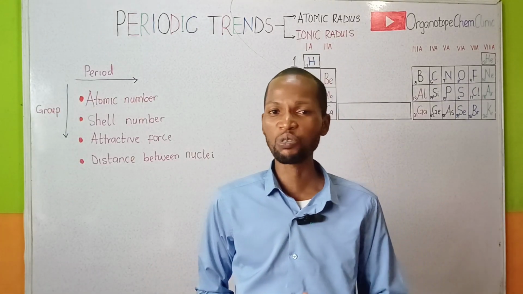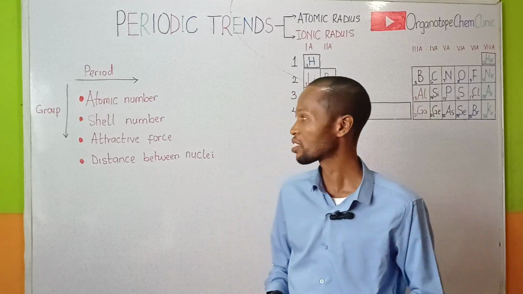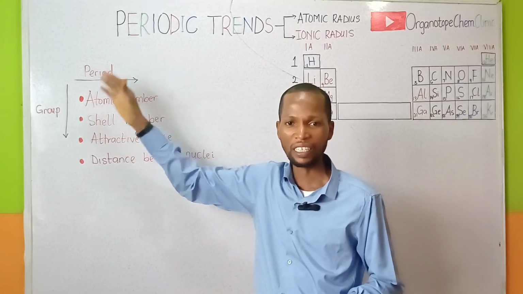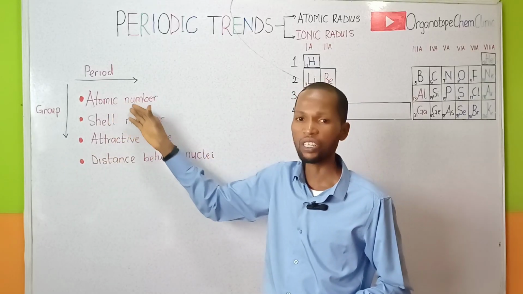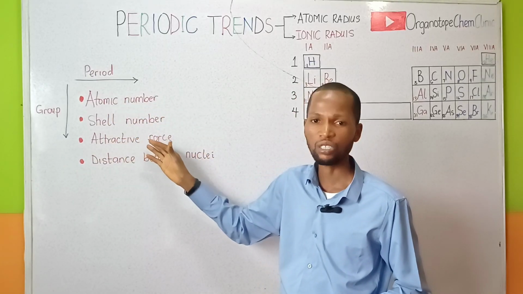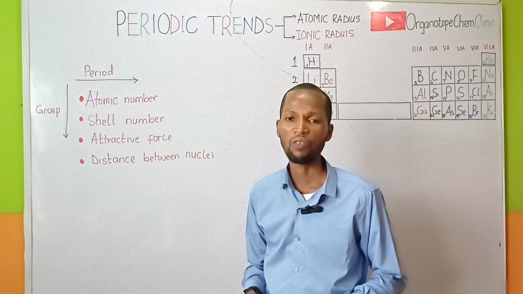Note that in order to understand the periodic trend without confusion, we need to take note of the following features across the period and down the group: the atomic number of elements, the shell number, the attractive force, as well as the distance between nuclei of an atom.